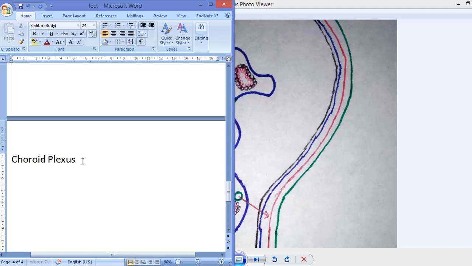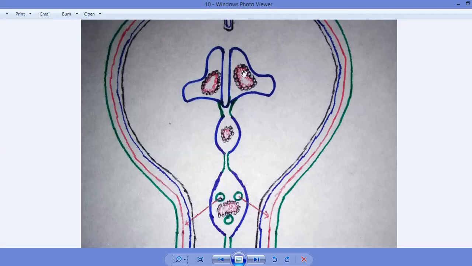So the choroid plexus is actually a bunch of capillaries, which is surrounded by the ependymal cells. The ependymal cells surround the bunch of capillaries, and this bunch of capillaries is called the choroid plexus. The formation of the cerebrospinal fluid occurs in this bunch of capillaries.